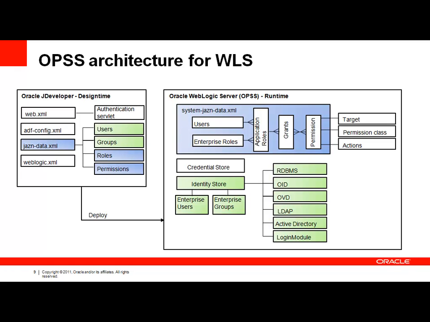But what it does is allow you to map users and user groups to application roles. For the authentication and the knowledge about the group membership of a specific user, at runtime, OPSS always delegates to an identity management store.